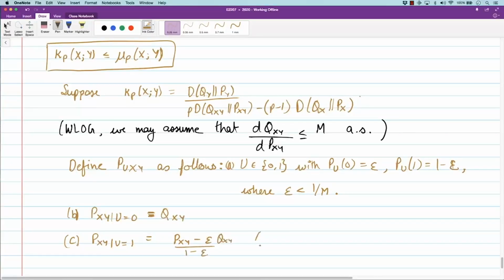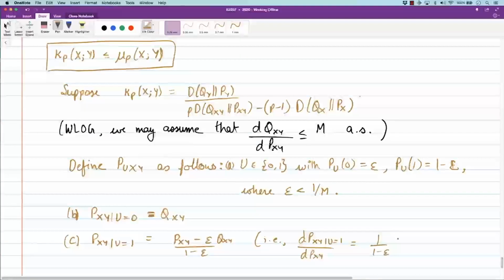So what does it mean? That is, this guy has a density with respect to pxy, and that density is given by 1 minus epsilon times the density of qxy with respect to pxy, all divided by 1 minus epsilon.